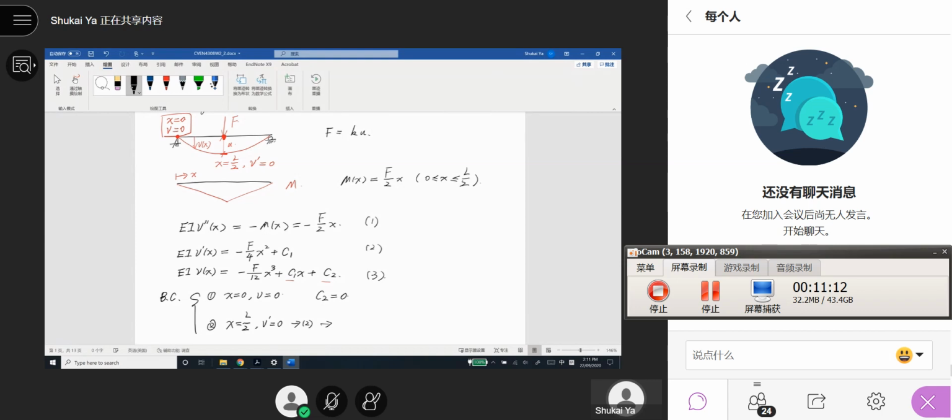We get minus one sixteenth F L squared plus C1 is equal to 0. Then we get C1 is equal to F L squared divided by 16.